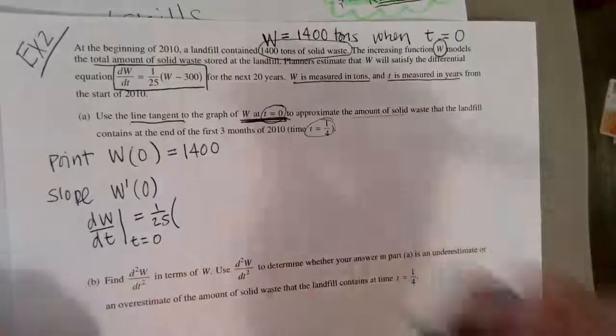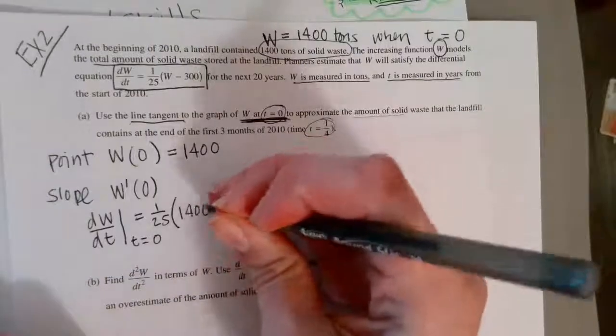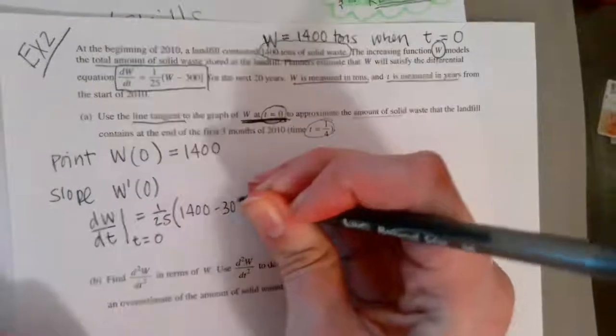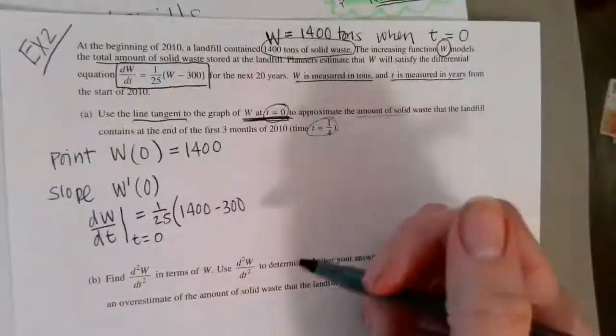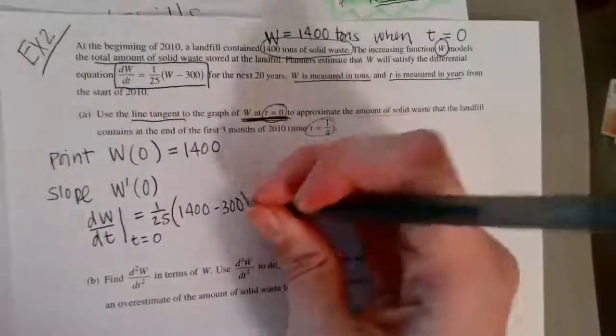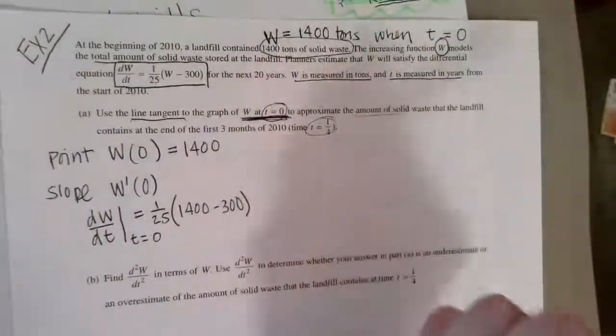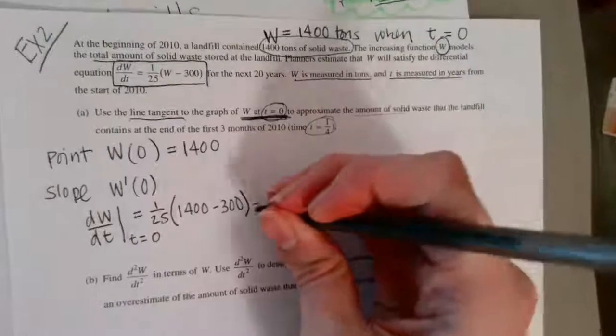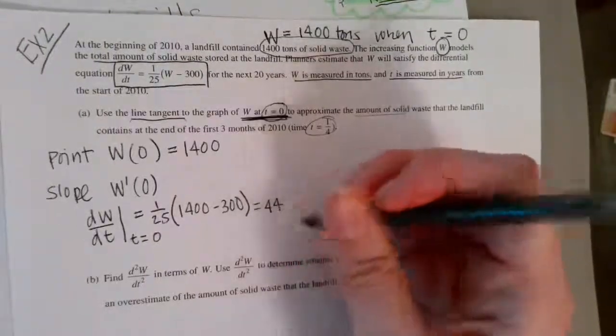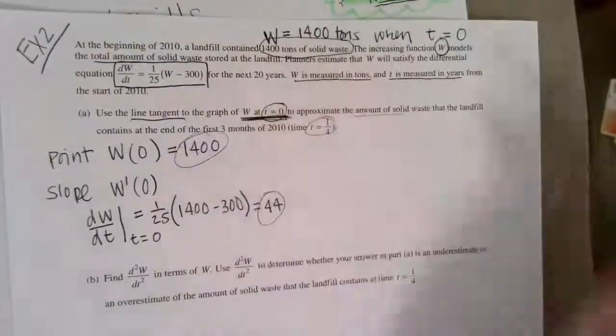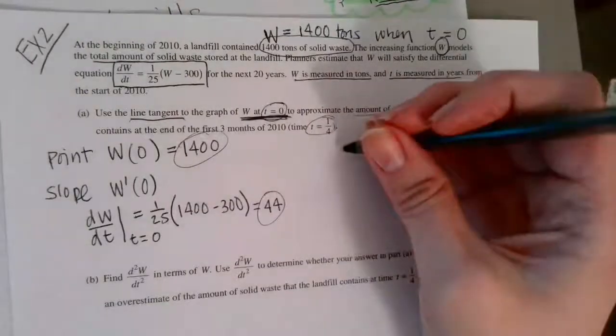W is in fact 1,400, so 1,400 minus 300. 1,400 minus 300 is 1,100. This is going to be 1,100 over 25, or 44.